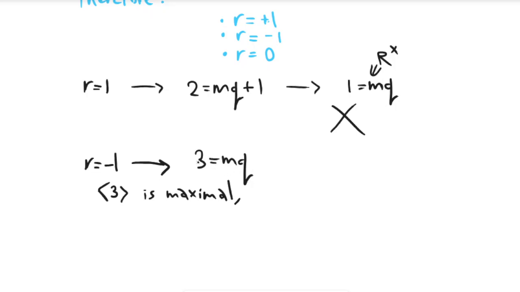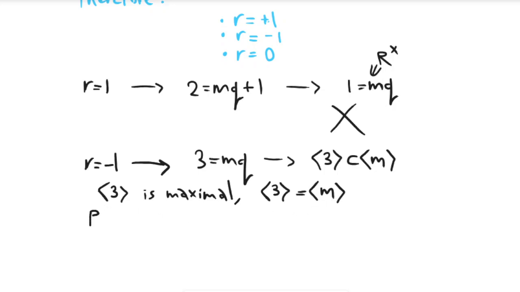And this fact that 3 is equal to mq tells us that the ideal generated by 3 is contained in the ideal generated by m, because 3 is a multiple of m. But the only way that this can happen, because the ideal generated by 3 is maximal, is if the ideal generated by 3 is equal to the ideal generated by m.